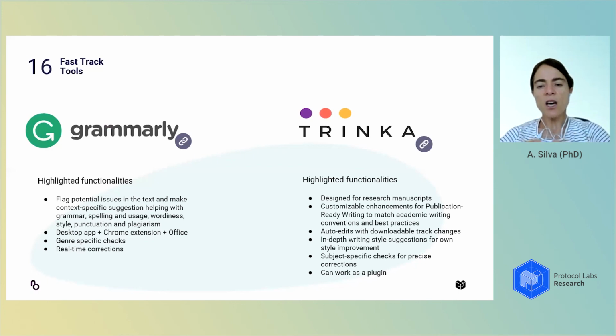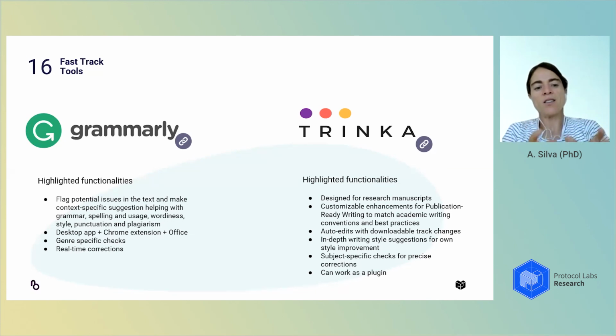Grammarly and Trinka are editing and writing software, nothing to do with the previous one. So the idea is that if you want to take your writing capacity to an extra level, Grammarly is particularly useful because it allows you to say, look at my document from the point of view of publication.